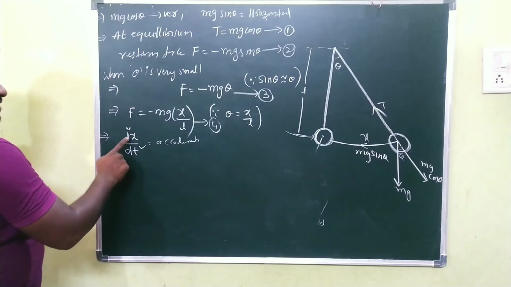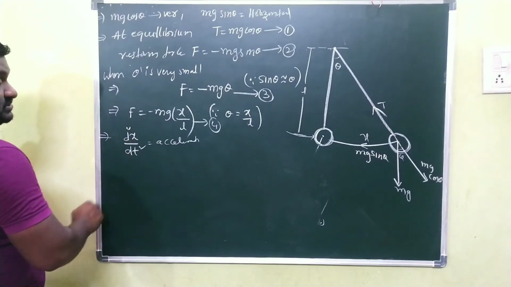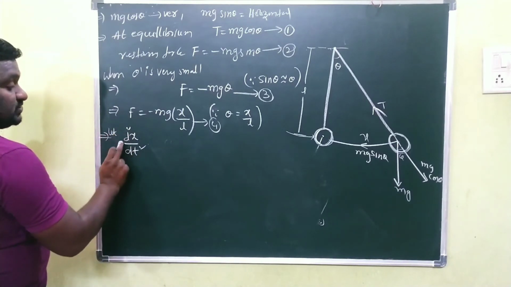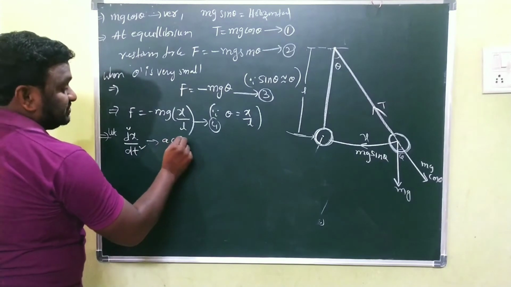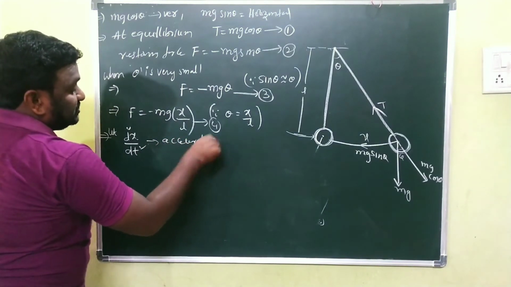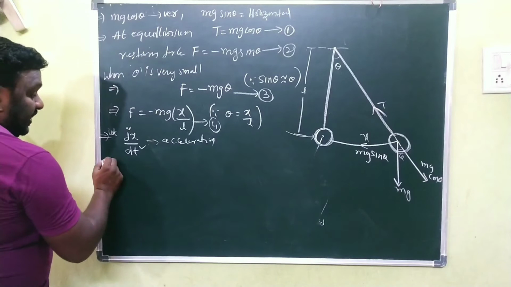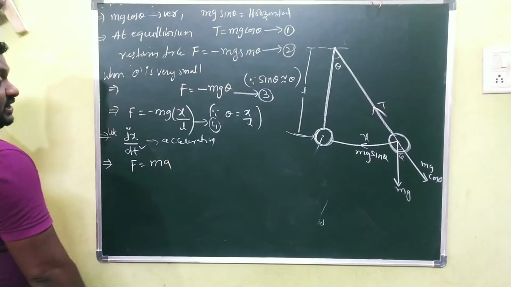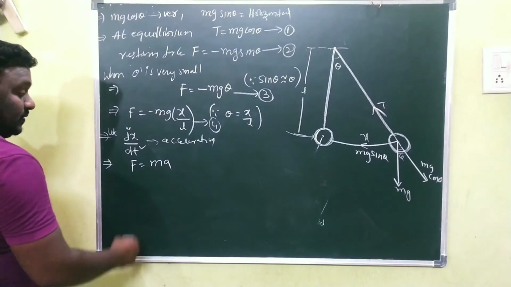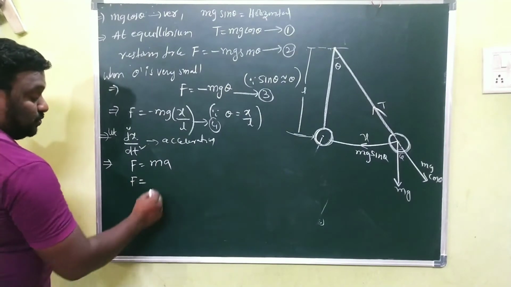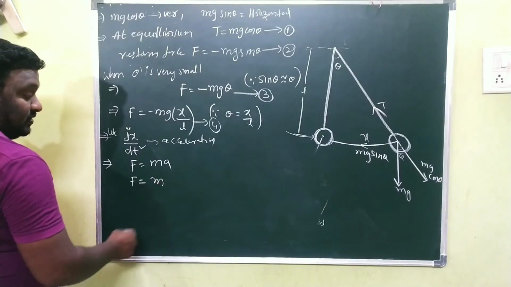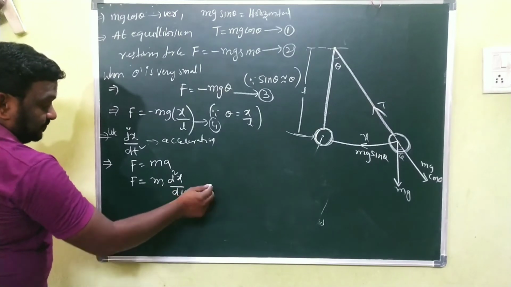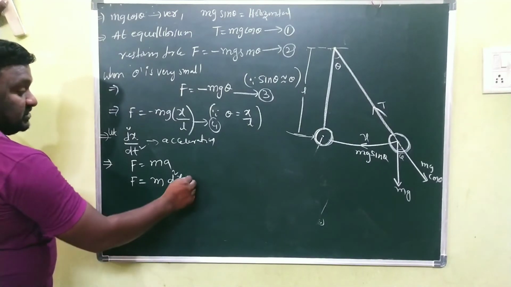Like that, d square x by dt square is the acceleration. According to Newton's second law, F is equal to ma. Then F is equal to m into, here a means d square x by dt square. Clear? Now equation number 5.